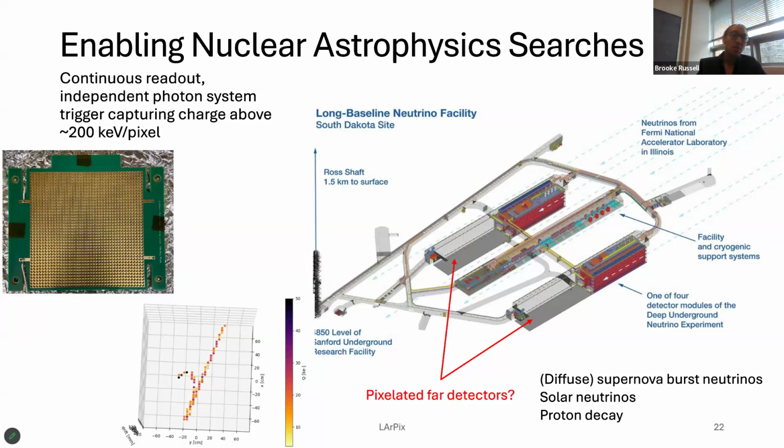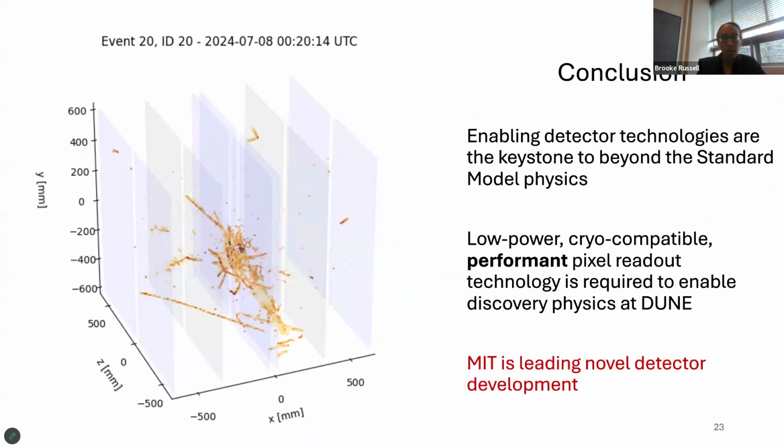So it may be possible in the future to deploy this readout technology in the unique environment of the far detector. We want to do that because this detector provides a continuous readout independent of triggering signals needed from other subdetectors, and we can do this with individual channel thresholds at the 200 keV level.